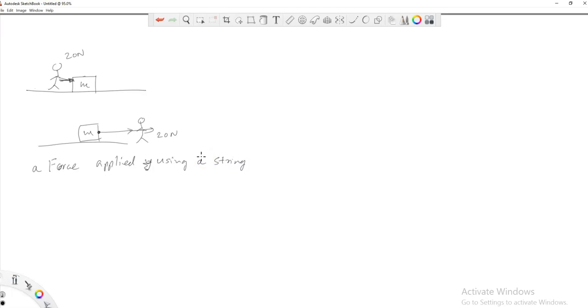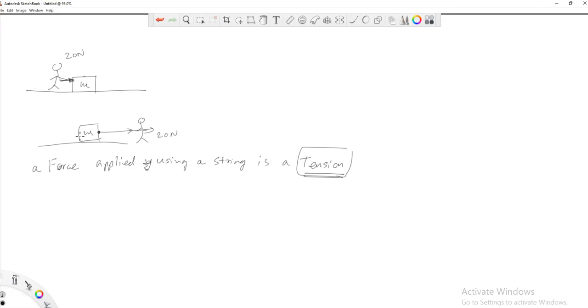A pulling force applied using something like that is called a tension. A tension force. Tension is always a pull. It can't be a push, right? You are only pulling. You can't push something with a string, right? It's going to collapse. So a pulling force transmitted along a string is called a tension.